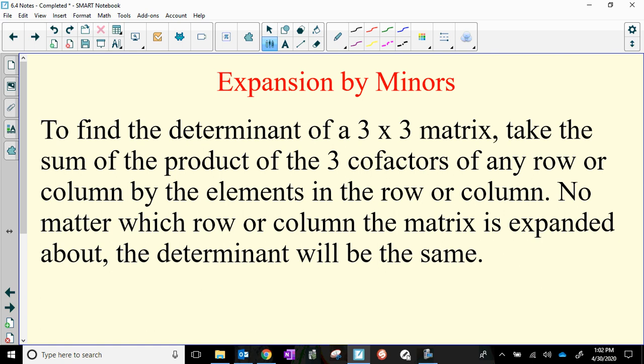If you had a 4 by 4 matrix, you would have to make 4 3 by 3 matrices, and you'd use the same process, breaking each 3 by 3 down into 3 2 by 2s. You just keep repeating the process until you get down to 2 by 2s, and then you can find determinants.